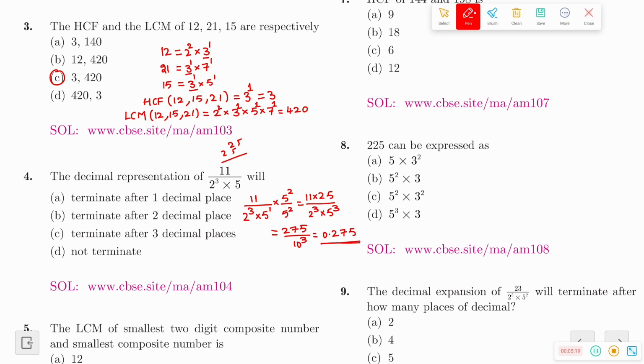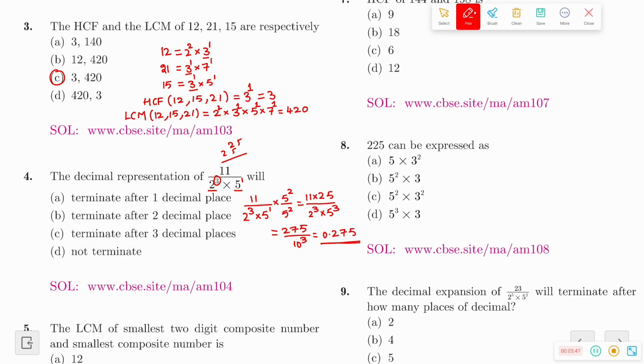So from now on we can remember: if the prime factorization of the denominator contains only 2's and 5's, it will be a terminating decimal, and after how many digits it terminates depends on the highest power of 2 or 5. Here we have 5 power 1 and 2 power 3, so we can make it 10 power 3 by multiplying by 5 power 2.